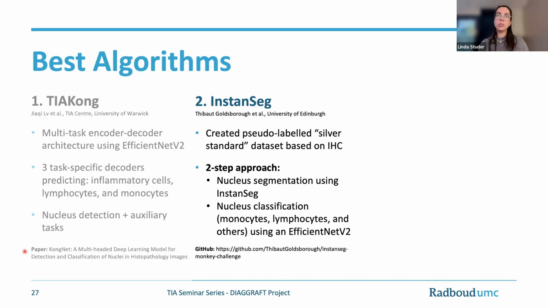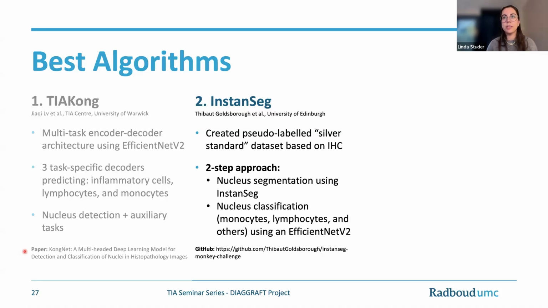I think he also made this data set publicly available. Obviously it's not curated, but he really achieved really good performance on the IHC, so I think the silver standard data set is also pretty reliable. Then he went on to use a 2-step approach.